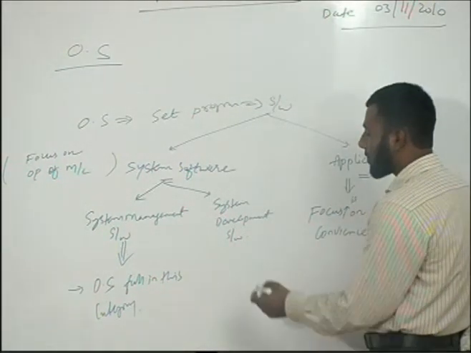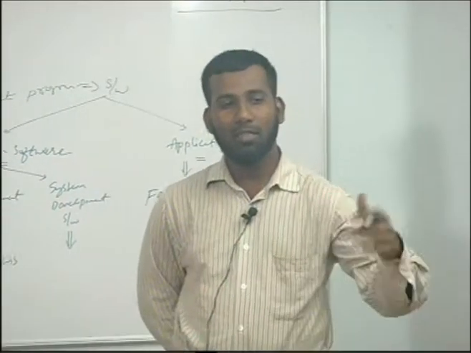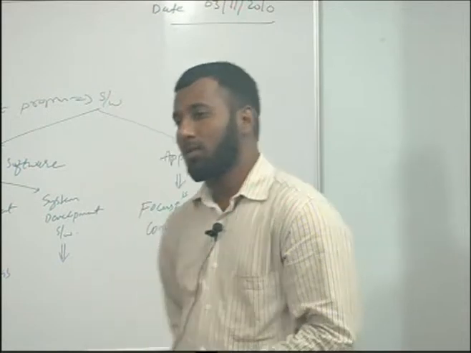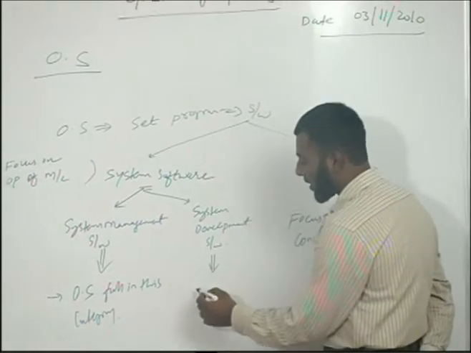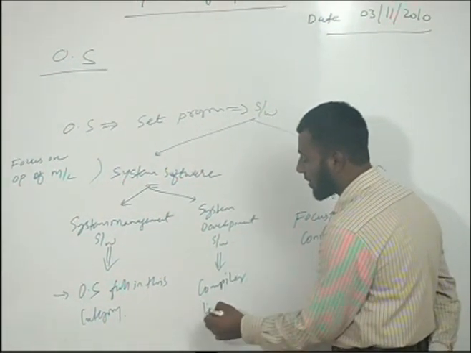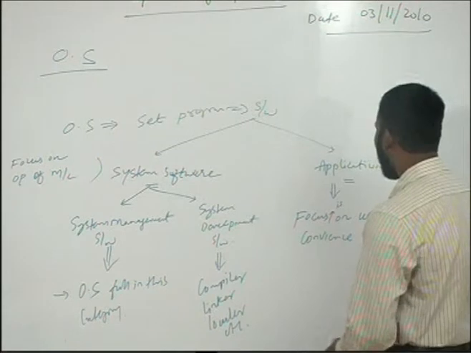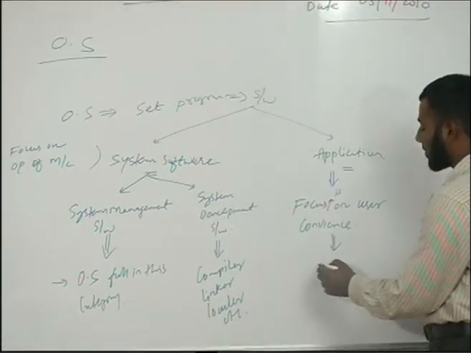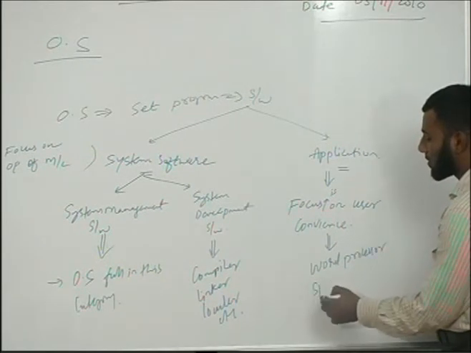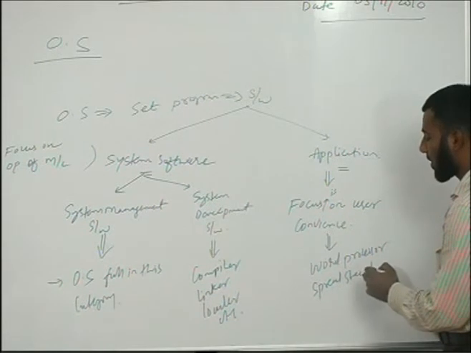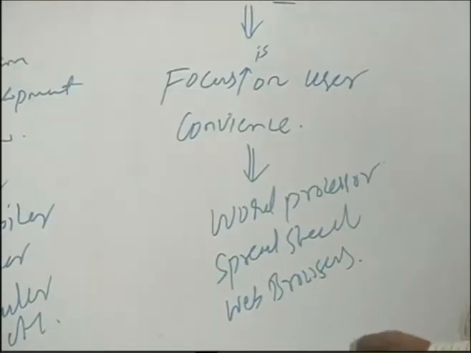System development software are the set of programs generally used for enhancing the functionality of a system, such as compilers, linkers, loaders, etc. And application software are word processors, spreadsheets, web browsers. These are all application software.